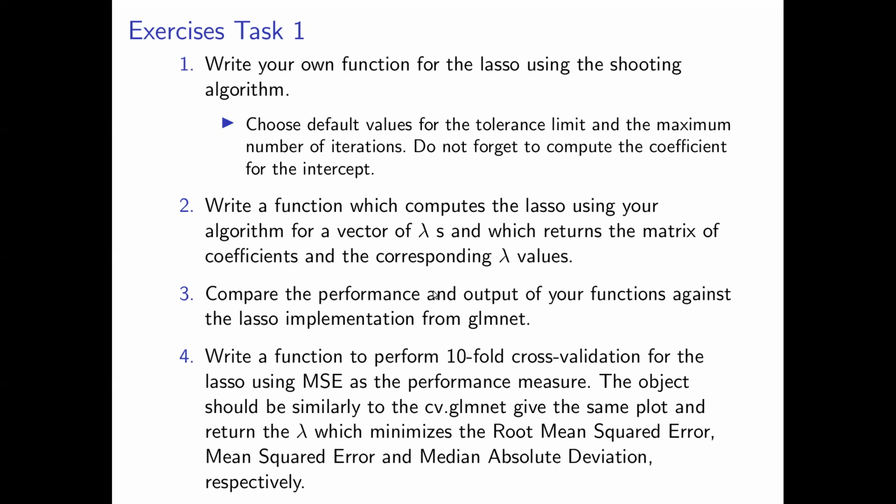And compare this function's performance and output against the lasso implementation from GLMnet, and also perform a tenfold cross-validation for the lasso and use the mean squared error as the performance measure. And again, use this CV-GLMnet function and the same plot as before. And of course, it says use the mean squared error and forget the rest, which is set here.